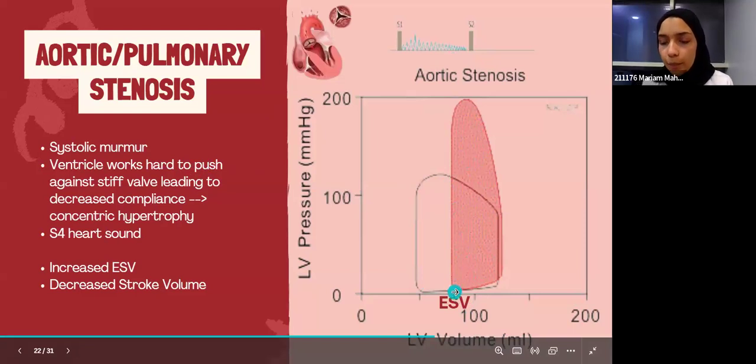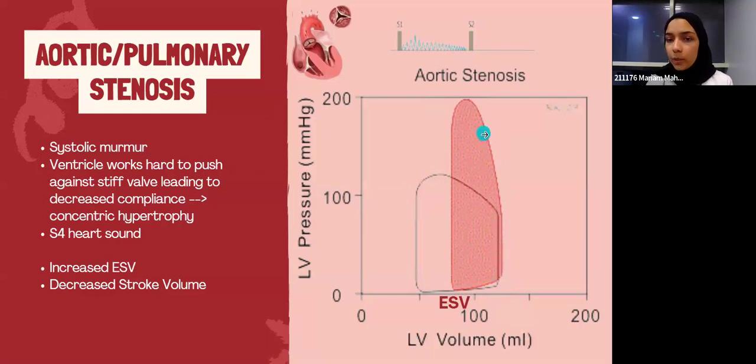So basically here, you have the ventricular filling, and then this is the isovolumetric contraction. So it will be much higher because you're pushing against a stiff aortic valve, so the blood is not coming out easily.